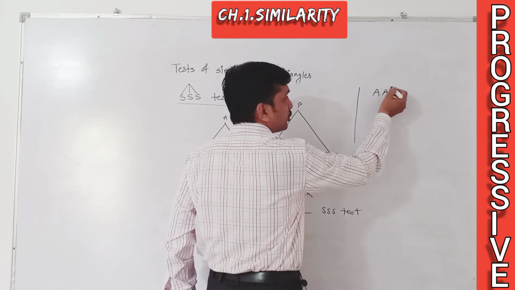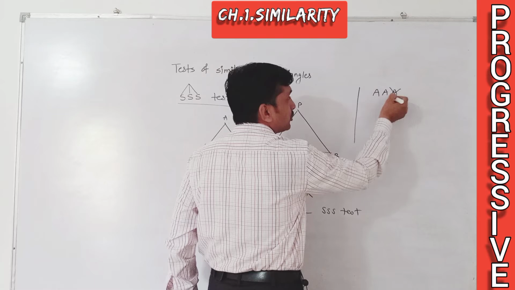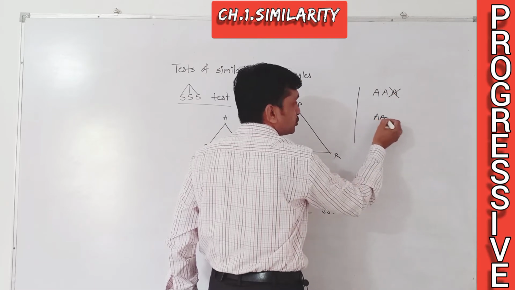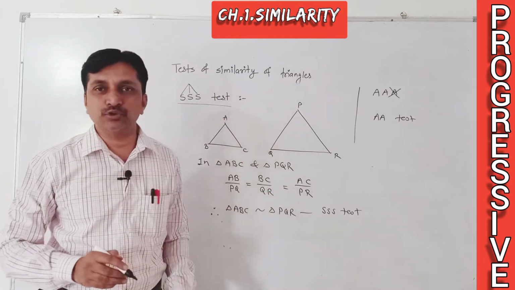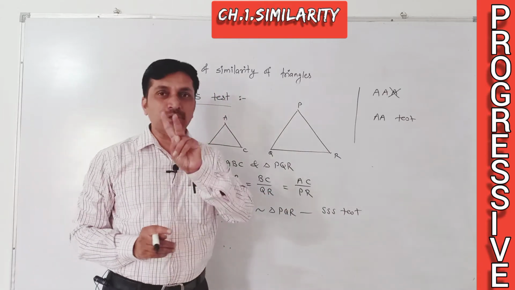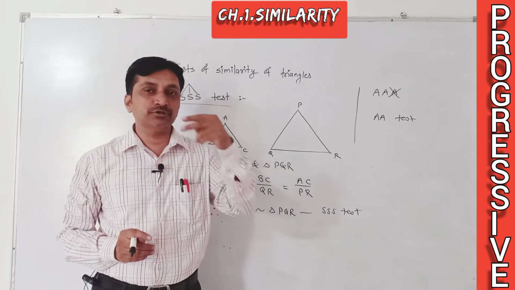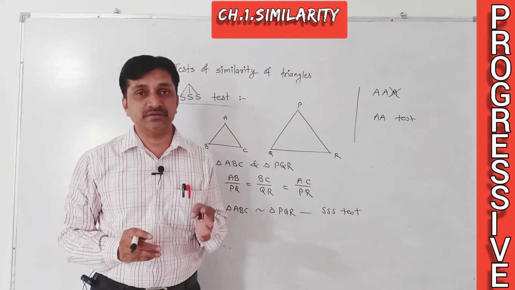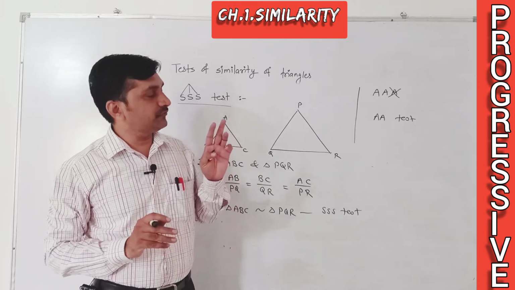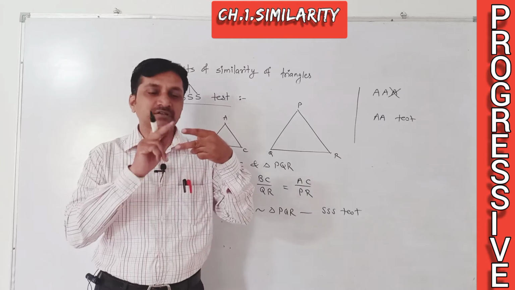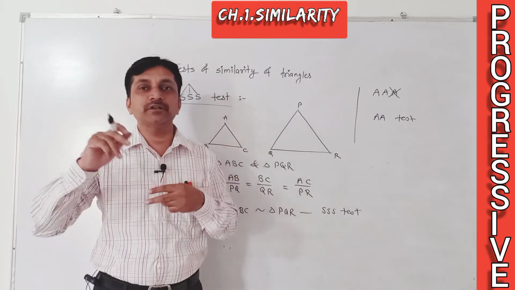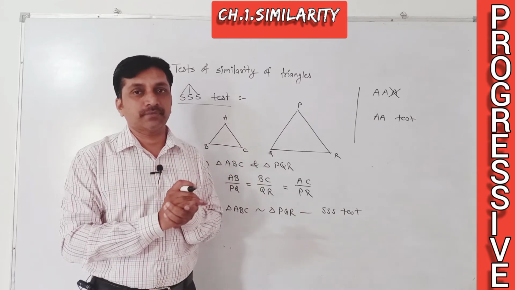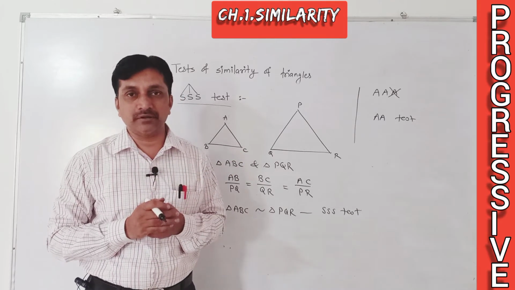Now, one more thing. As I explained for the AAA test, sometimes there is no need for all three; only by AA test you can show that. No need to show all three corresponding angles congruent. If you show only two angles congruent, then these two triangles are similar by AA test. Why? Because if two angles of one triangle are congruent with the other, the third angle will automatically be congruent by the angle sum property of a triangle.